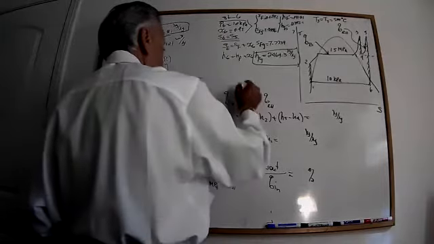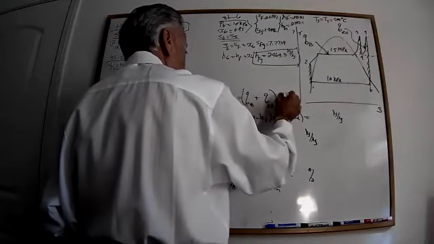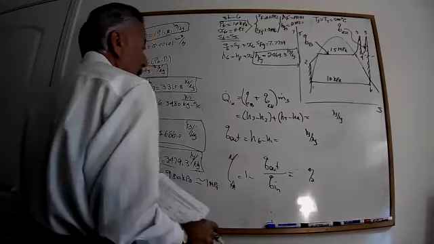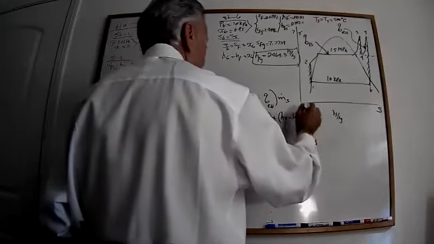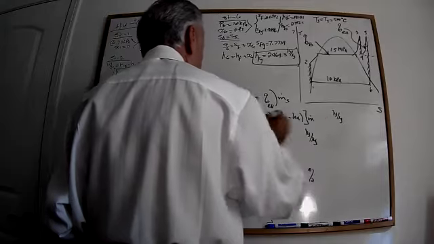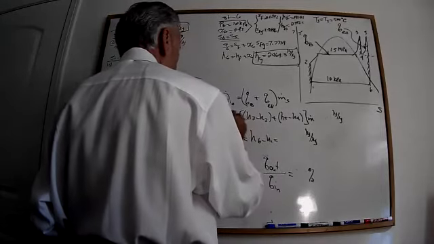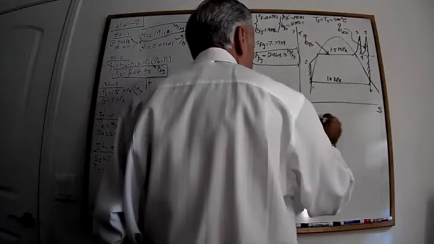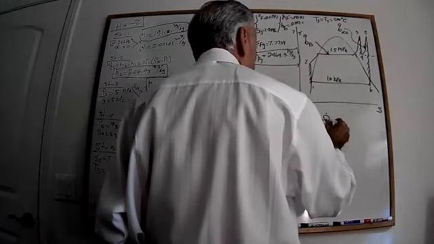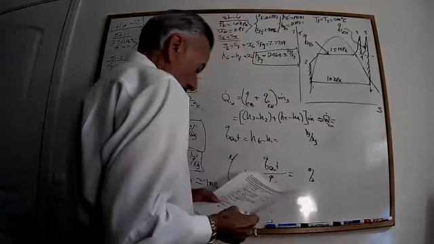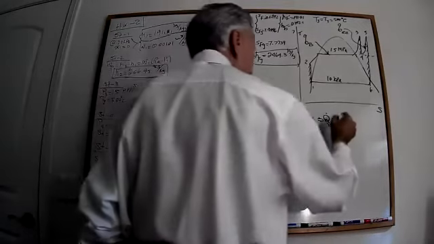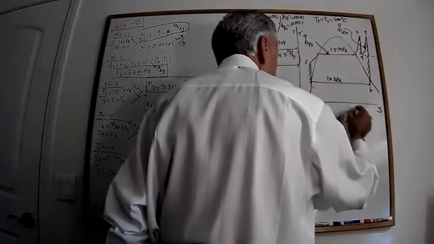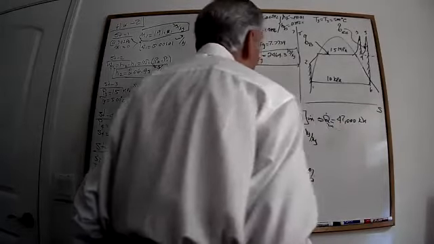So in this case, our Q in becomes 47,000 kilowatts, or 47 megawatts.